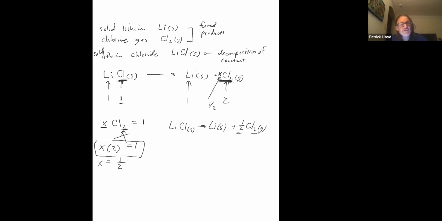So it works. Now, here's the problem with that. There is a problem. And the problem is that in ALEKS, they will not accept fractions. They won't even accept decimal numbers. So if you put 0.5 to be tricky, they would say no. It wants whole numbers. Now, that's not true in chemistry that we always do whole numbers, but ALEKS does. So how do we get rid of the half?